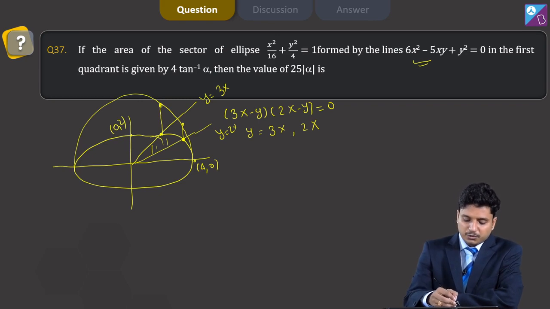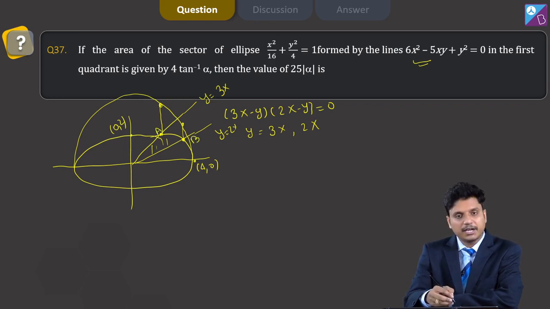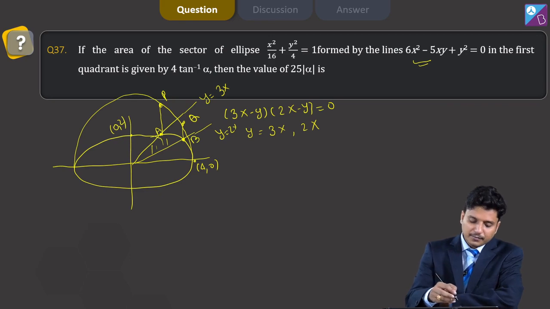So suppose these points are A and B. So we should not focus on A and B. In place we should focus on these 2 points P and Q, because if we are able to find that sector's area for this circle, then we will be easily able to calculate that area for this ellipse, because the ratio will be B by A.